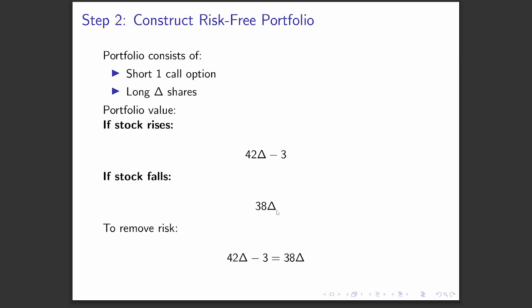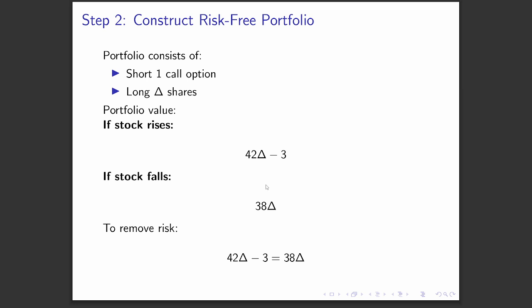Now, constructing a risk-free portfolio. We construct a risk-free portfolio, which is the key idea behind the binomial model. The portfolio consists of two positions here. First, we short one call position, and second, we buy delta shares of the stock. So if the stock price increases to $42, the value of the portfolio becomes 42 delta minus 3.